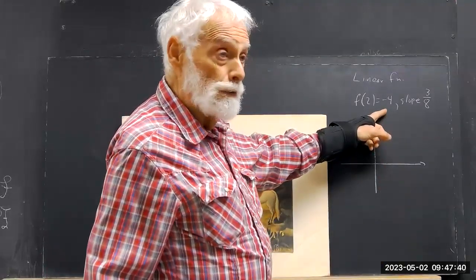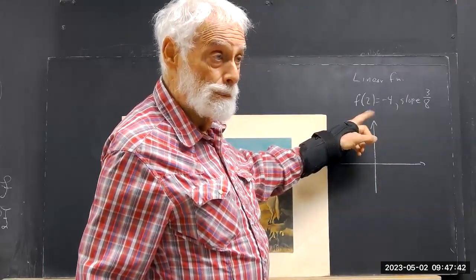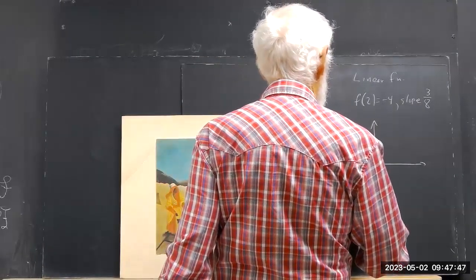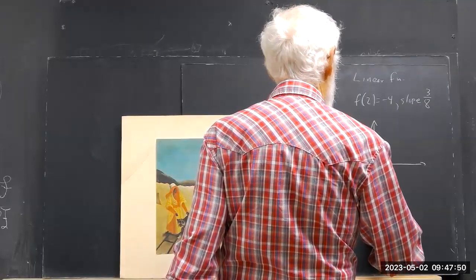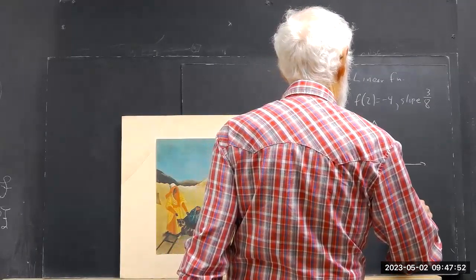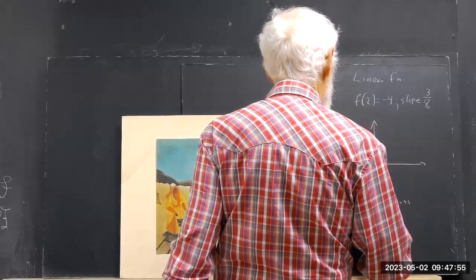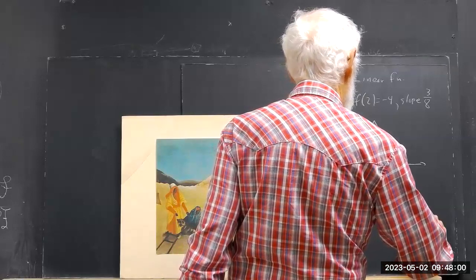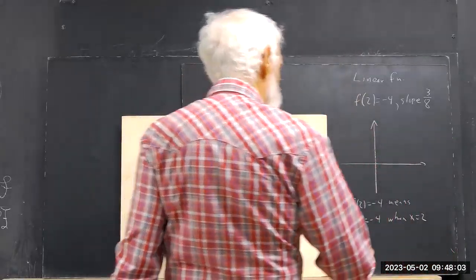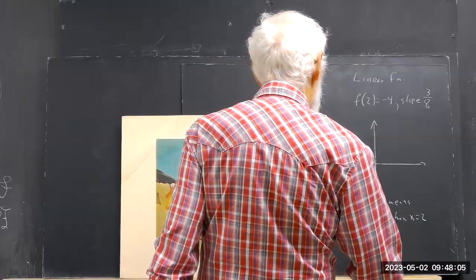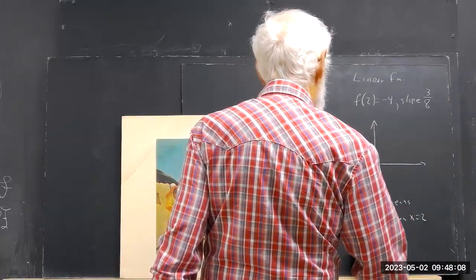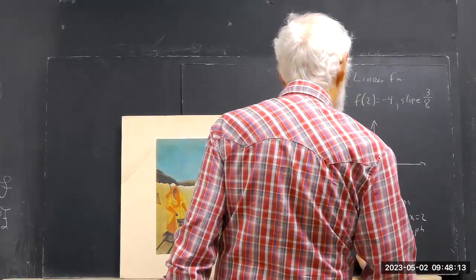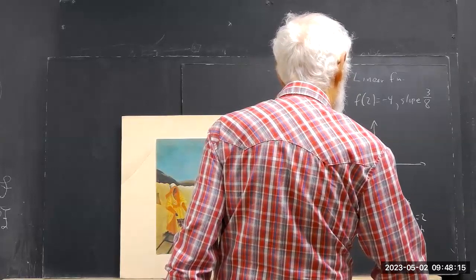And Y is -4 and X is 2. So we graph Y equals f of X.